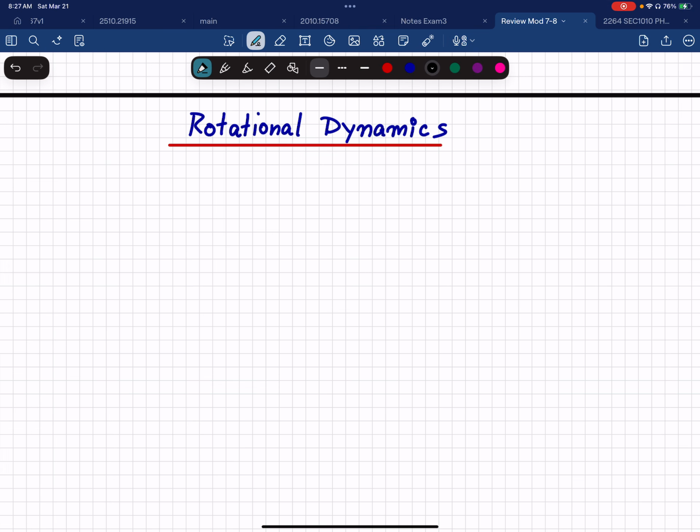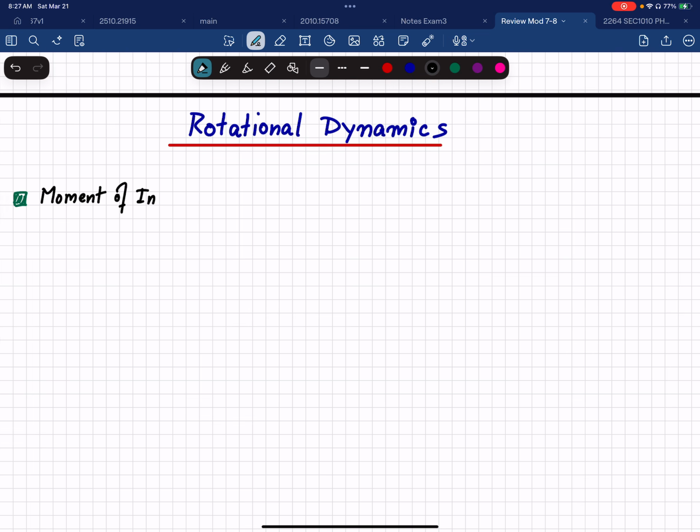The first thing to understand for rotational dynamics is the concept of inertia. The concept of inertia in rotational dynamics is known as the moment of inertia, or in other words, how the mass is distributed over the axis of rotation.